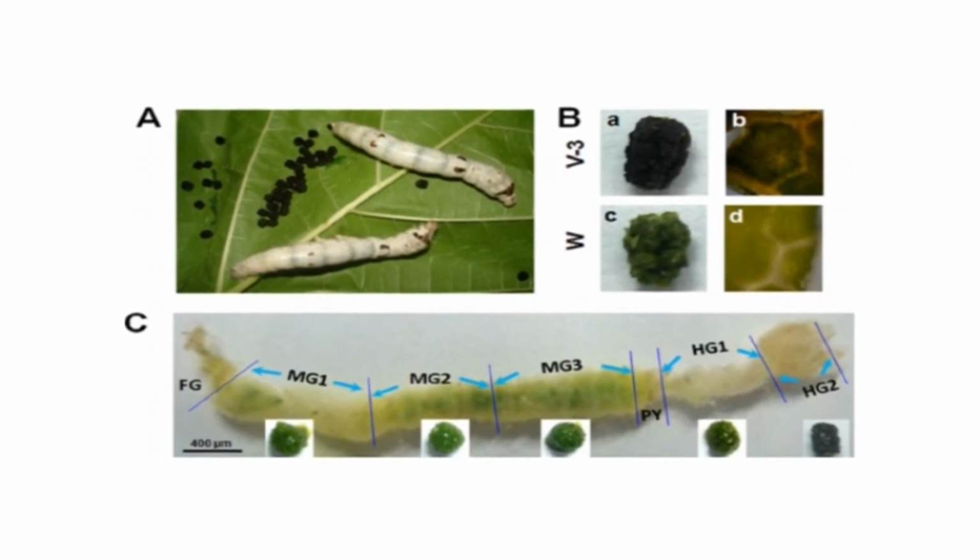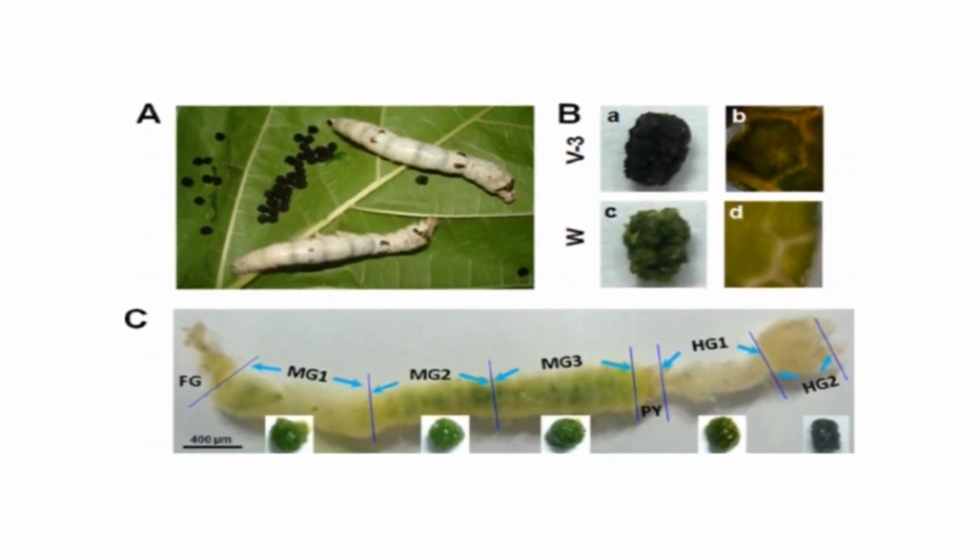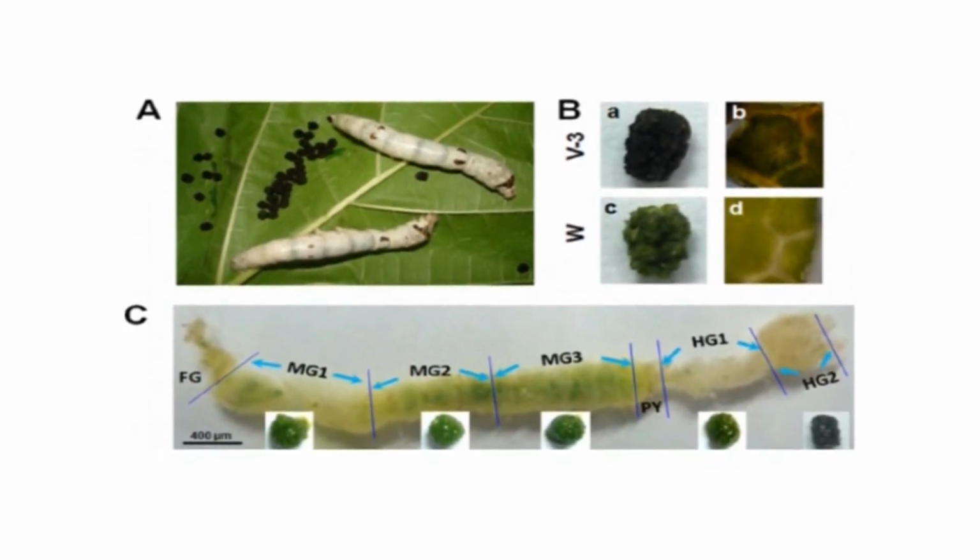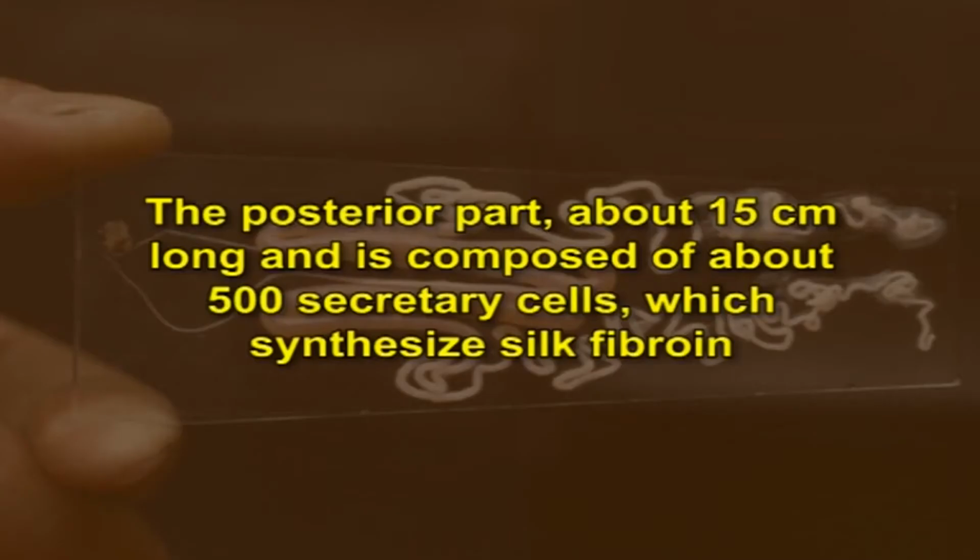According to its morphology and function, the silk gland can be divided into three distinct regions. The posterior part, about 15 cm long, is composed of about 500 secretory cells which synthesize silk fibroin.